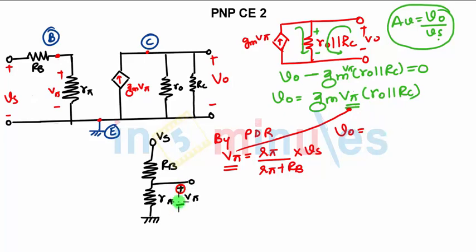Now this sign of V pi which we are following in NPN has been replaced with negative and positive. So while writing the equation, you will get this term as negative. So VO will be, this is the important thing you need to remember, minus plus. As per this, this will be negative, this will be positive. Because in NPN, purposely I have shown you like this in order to remember IC is flowing in this direction, IB is flowing in this direction.